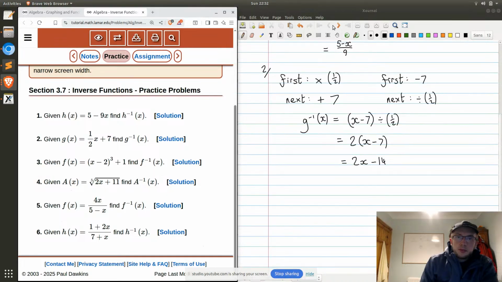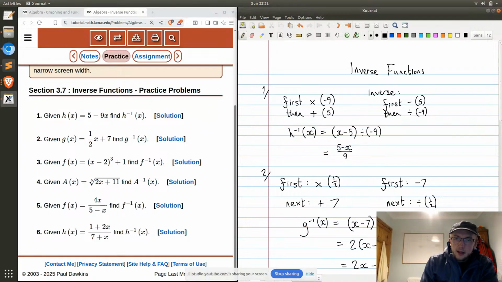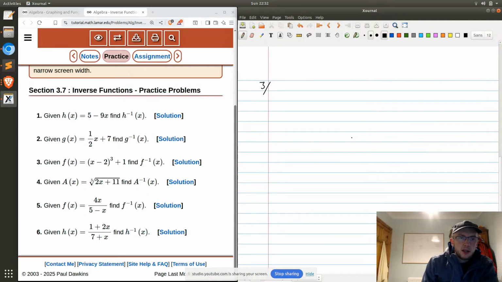For problem 3, now I will do a different technique. Because this technique takes a little bit too long. And it doesn't quite work when it comes to problem 6. It doesn't fully work for problem 6. So what is this new technique? First, just write the function like this.